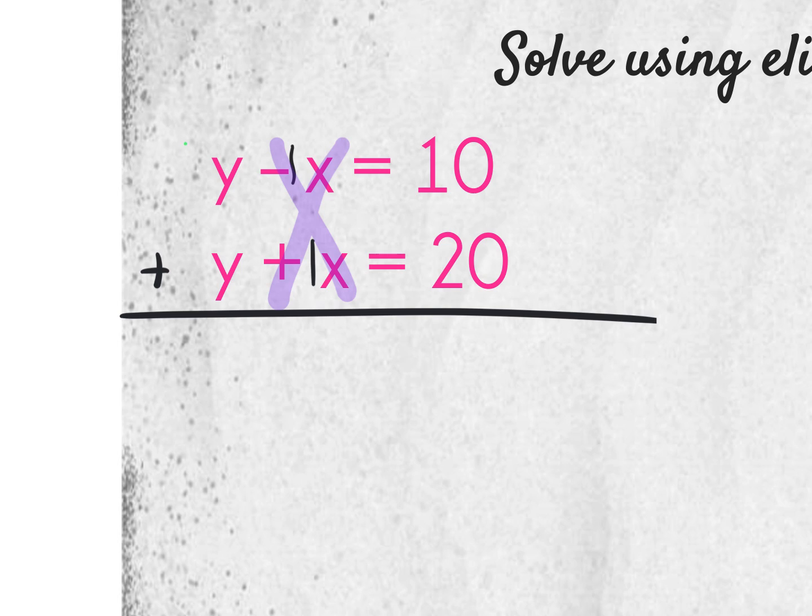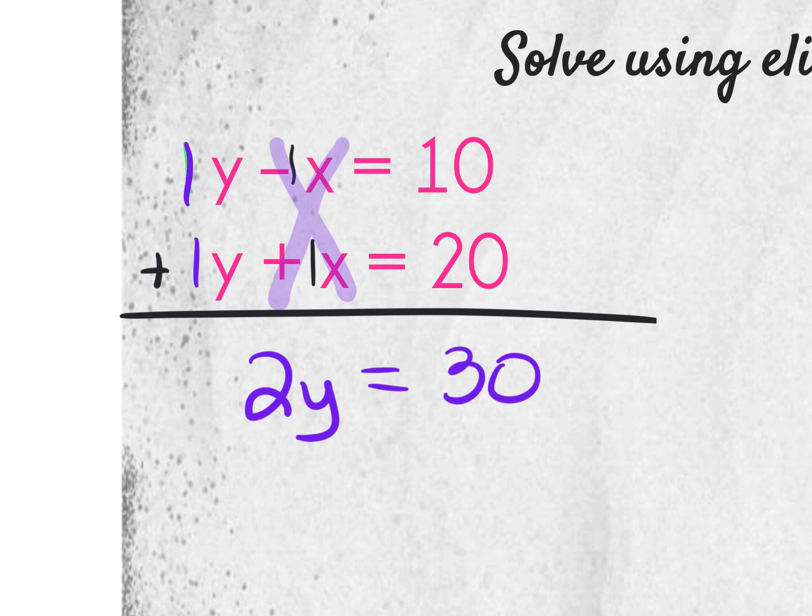And then I'm going to add 1y plus 1y, and I get 2y, and then 10 plus 20, and I get 30. I can now divide both sides by 2, and I find that y equals 15.